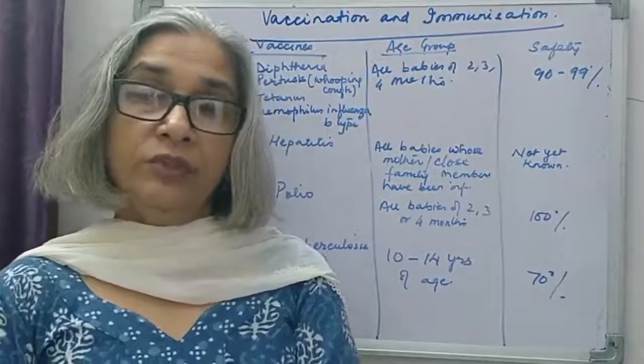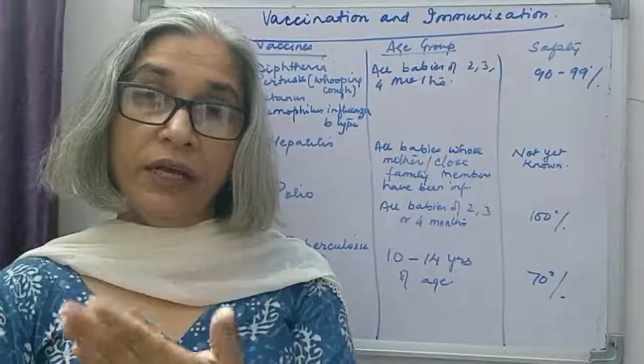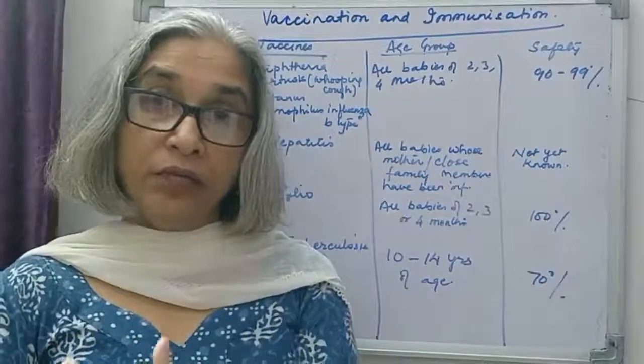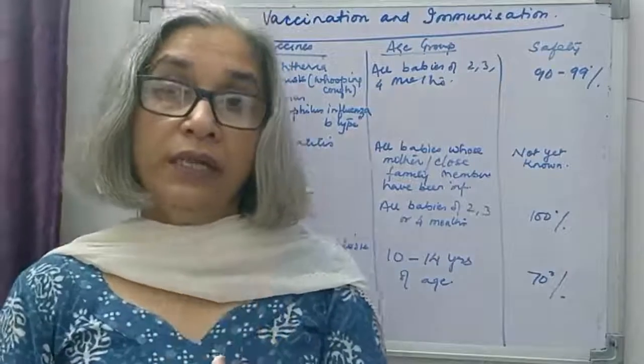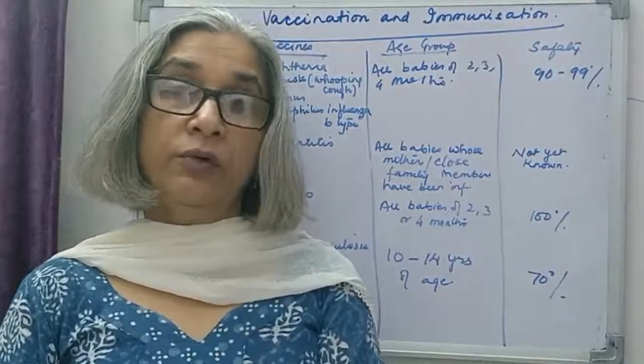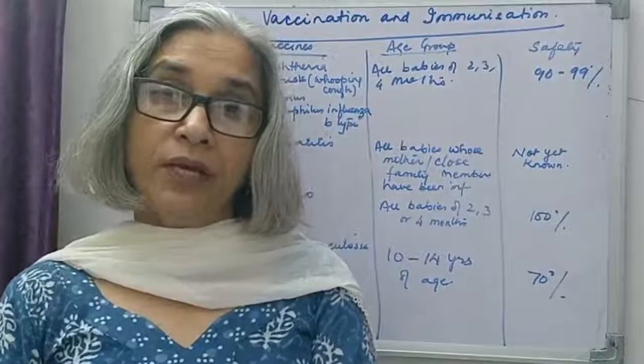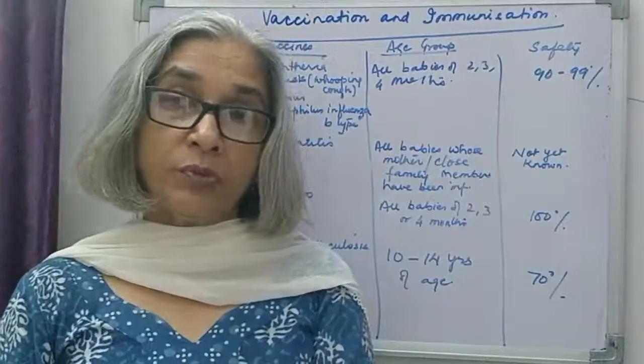The vaccine was given and antibodies were prepared in that animal, and now the serum containing these antibodies is injected into a person suffering from that disease for a quick immune response.